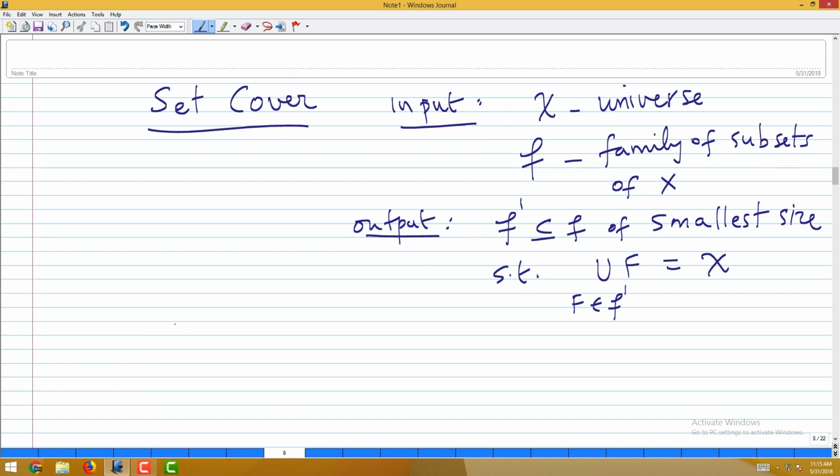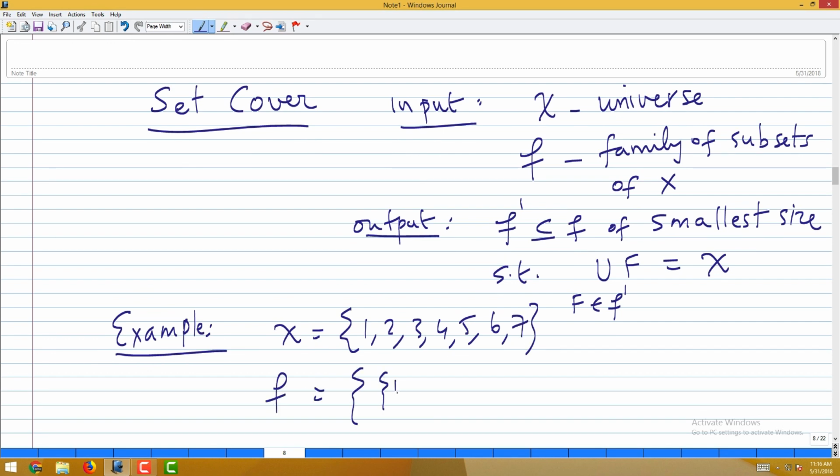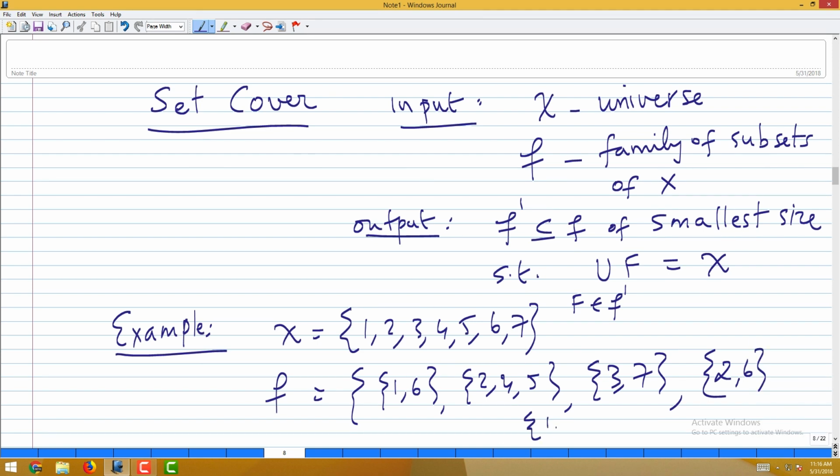So, let us say I have this universe and this family of sets and you want to pick the smallest number of sets whose union is this universe.